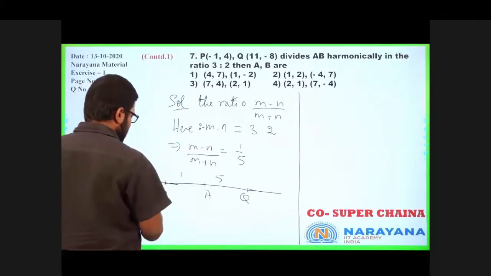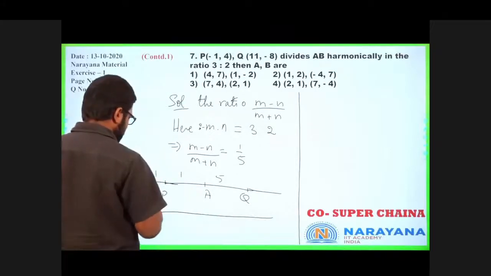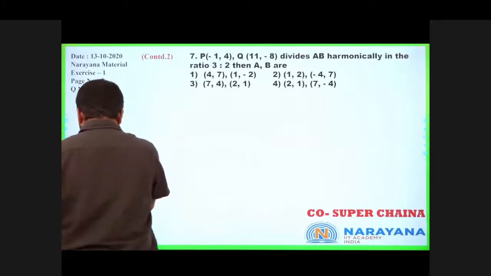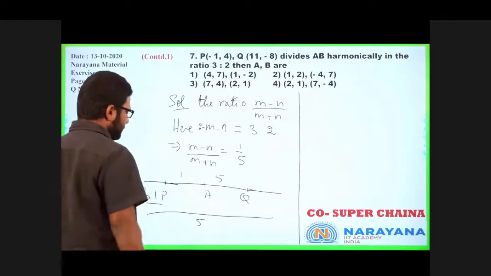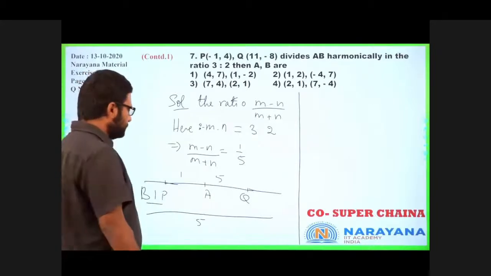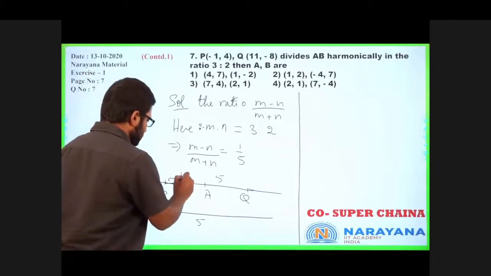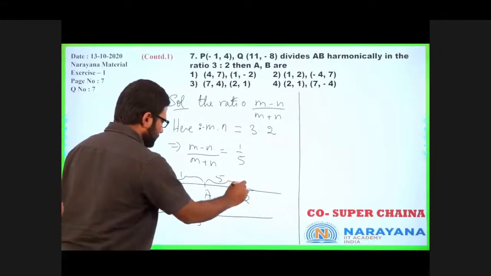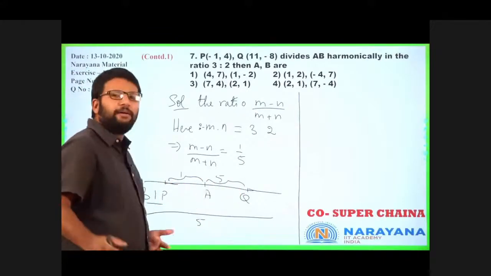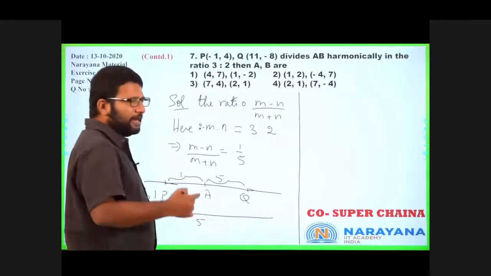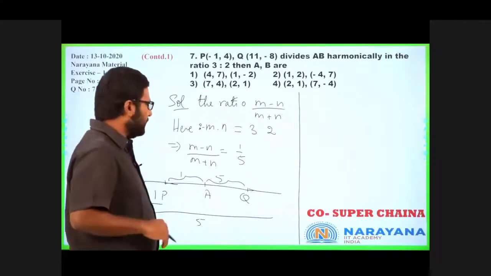You take point B, then 1:5. This is 1 and this is 5. Obviously this is not representative, this should be very small, this should be very big, but you understand. Anyway we are here just to apply the formulae.